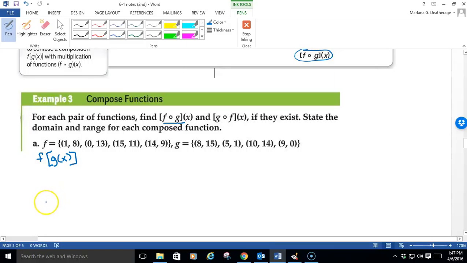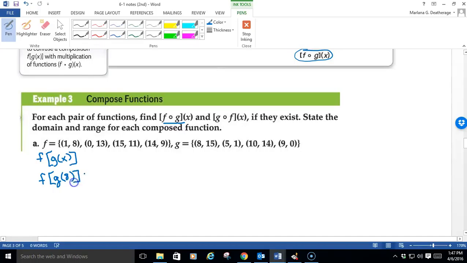So that means we're going to have to calculate 4 times. How many do I have in my g function? 4. And actually, that's where we're going to start. You're going to start with the inside function first. Okay? So what we want to do is find f of g of, now what's my first x value in the g function? 8.